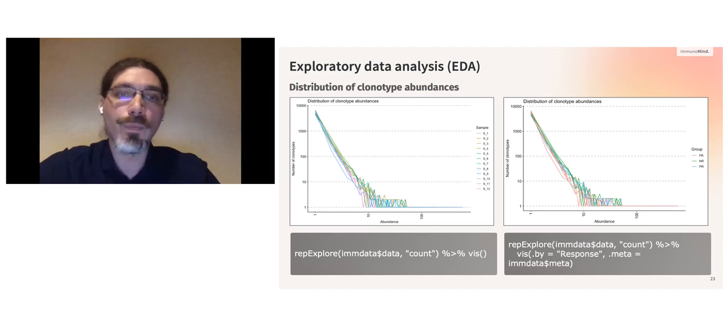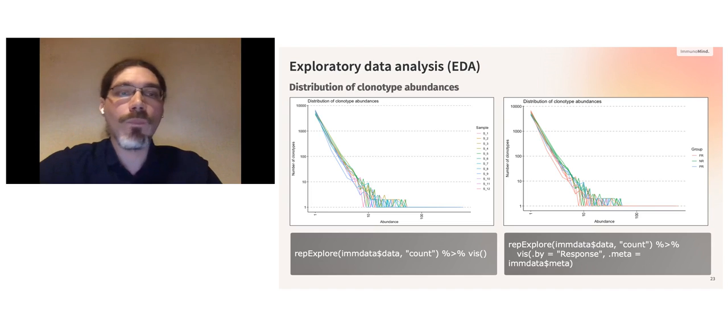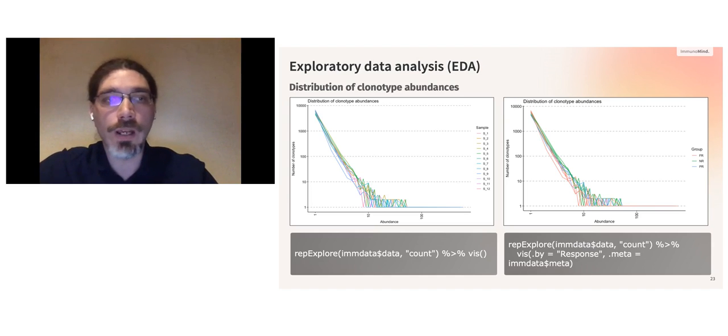Of course, you can group these plots as well. The idea here is that you can look at the line, look at the skewness of the line, at the slope, and try to see the differences between groups or between repertoires.